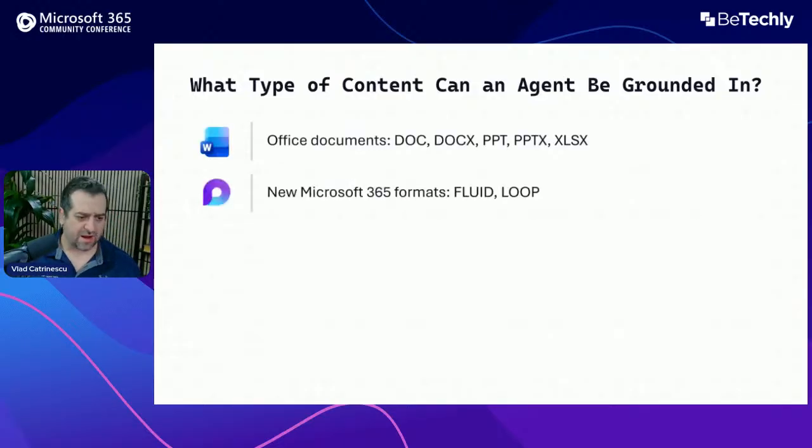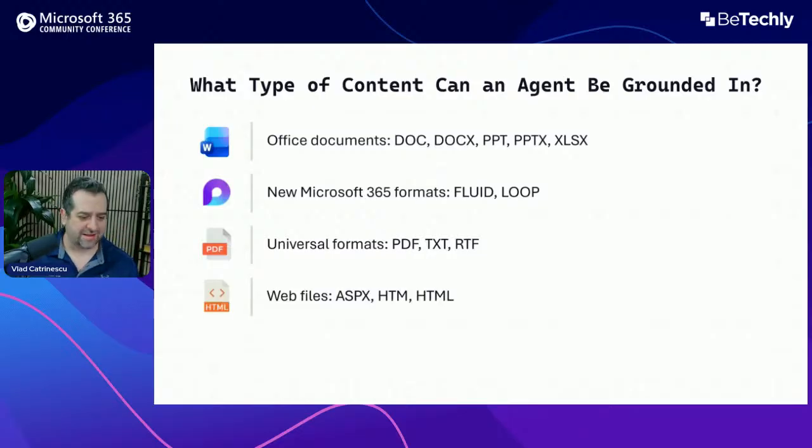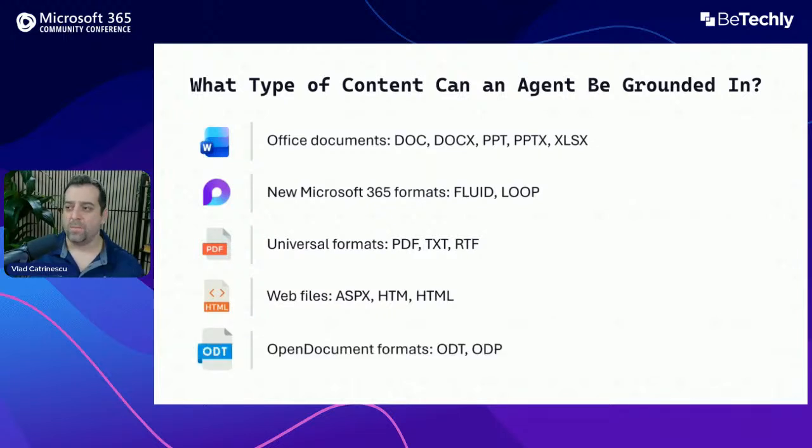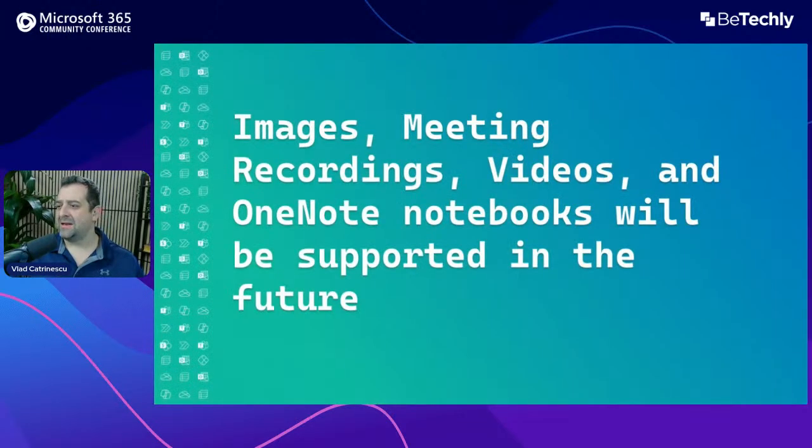All your Office documents, your Loop files, your Fluid files, so all the new M365 formats, the universal formats like PDF, TXT, RTF, HTML, ASPX, things like that, and open document files. SharePoint pages cannot be added as a grounding source yet. And there are also other sources like images, meeting recordings, videos, and OneNote notebooks that will be supported in the future.